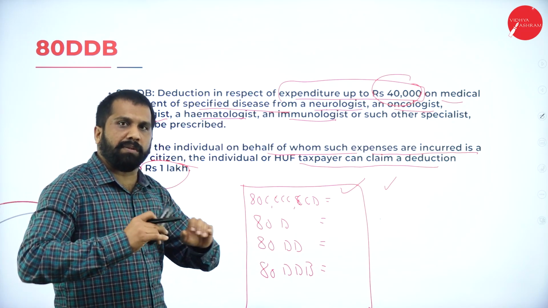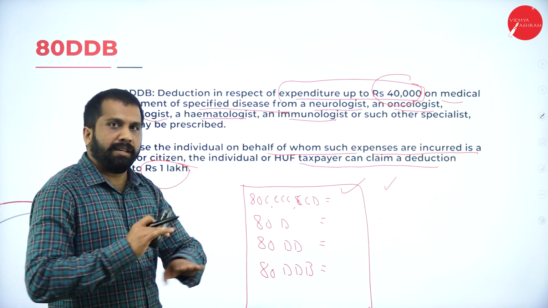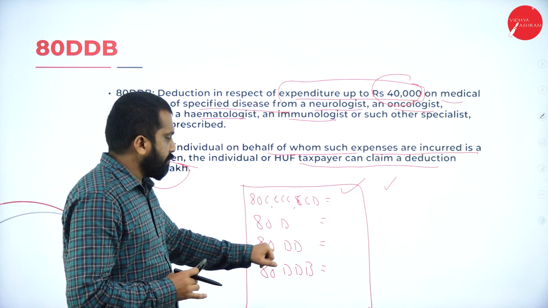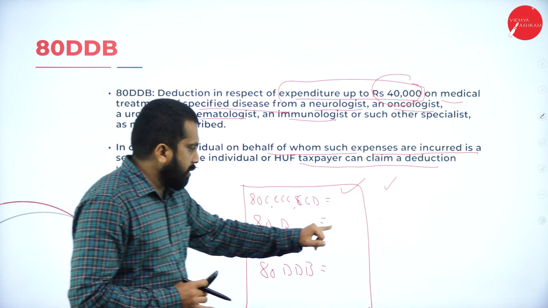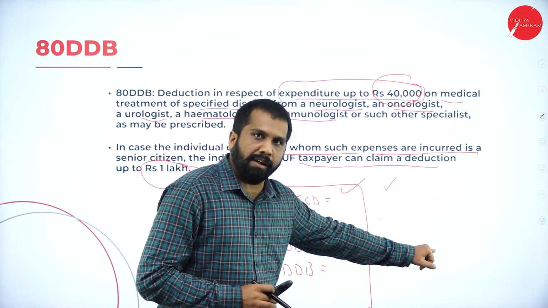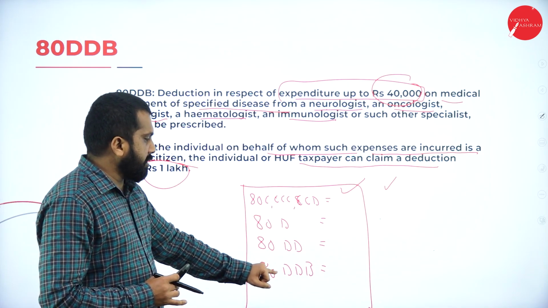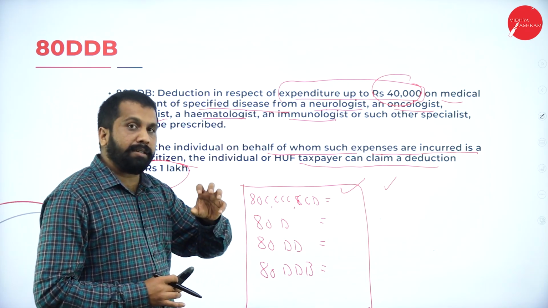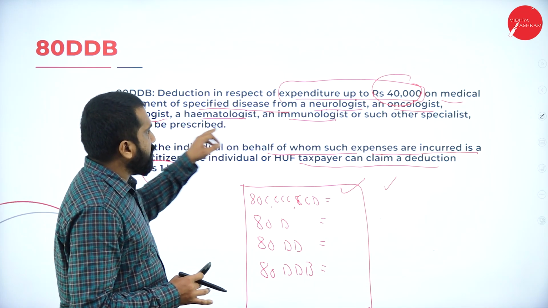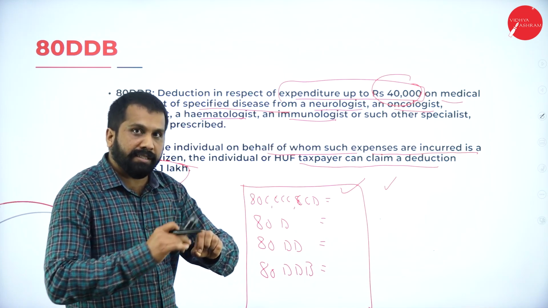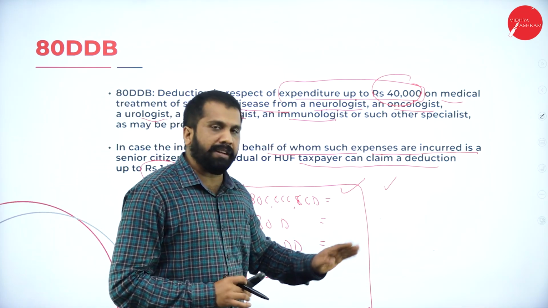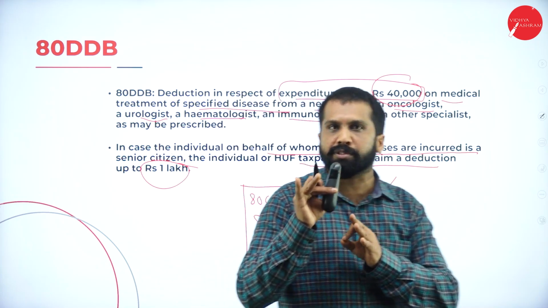If it is a normal disability, 40 to 80%, explanation not required. For dependent, 75 and 125. And 80DDB is for certain diseases. Don't explain all the diseases, just say what the limit is. This much only you are supposed to do.